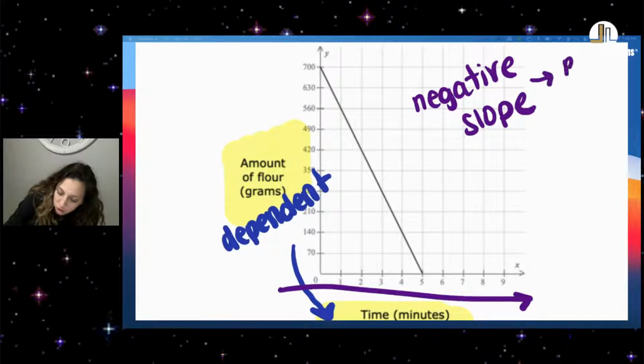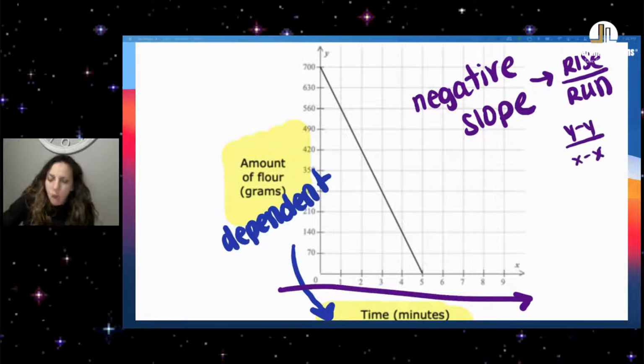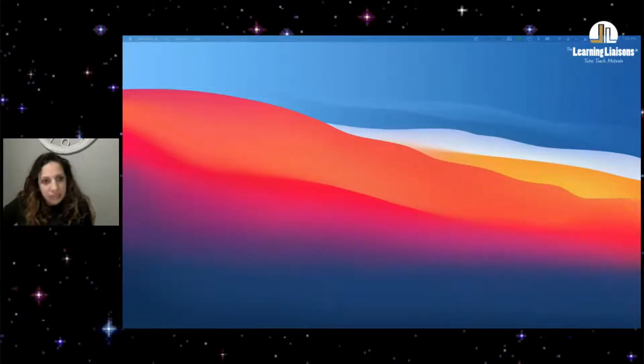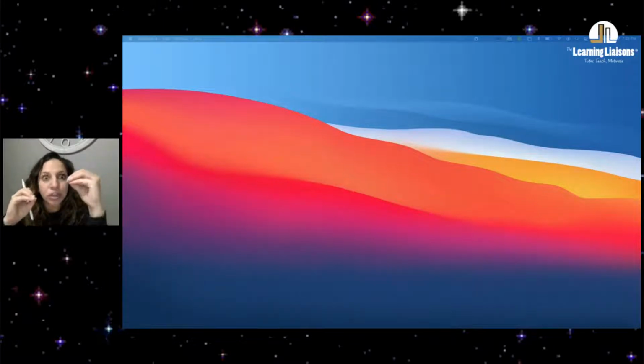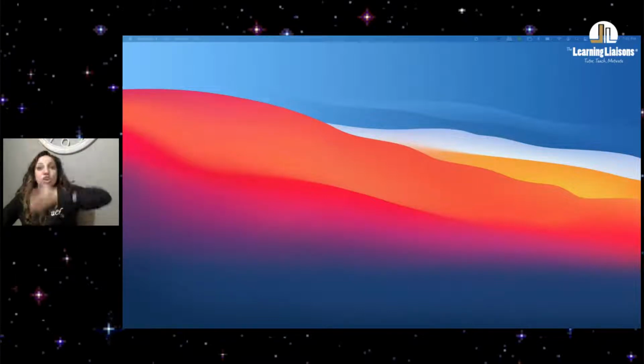Slope is rise over run, or the change in y over the change in x. Why is it y minus y over x minus x and not x minus x over y minus y? Because rise over run literally means your y's over your x's. The rise is the y value and the run is the x value.